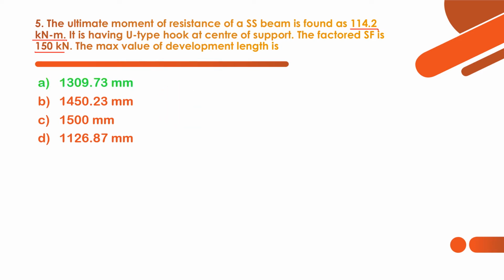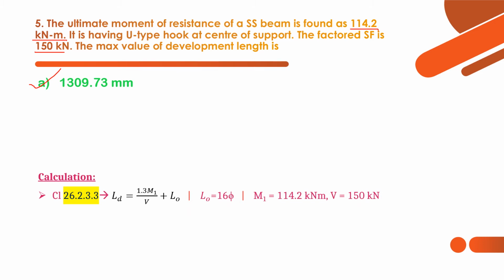Here a different formula is adopted to find the value of LD. Let's see how it is calculated. Option A, 1309.73 mm. So how is it calculated? As per clause number 26.2.3.3, development length shall be given as 1.3 times M1 divided by V plus L0. What is L0 here? L0 is nothing but anchorage length. So here we are adopting the maximum anchorage length.